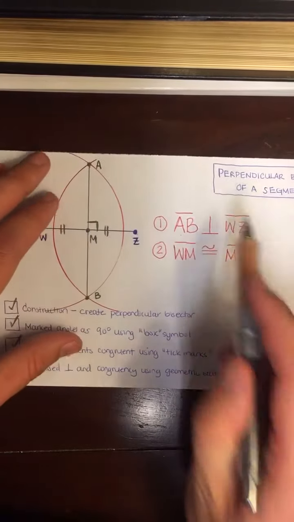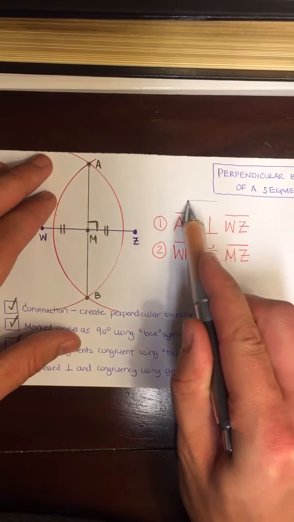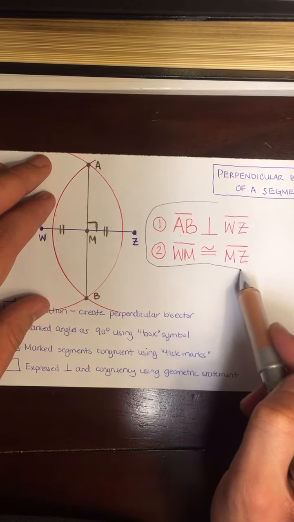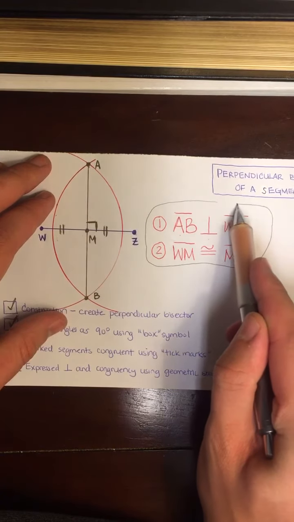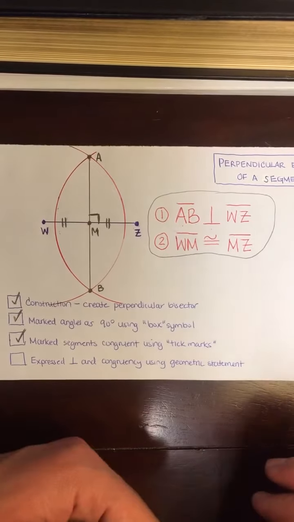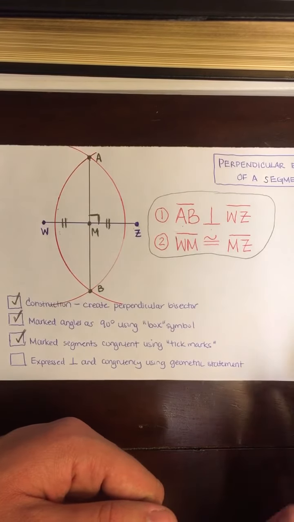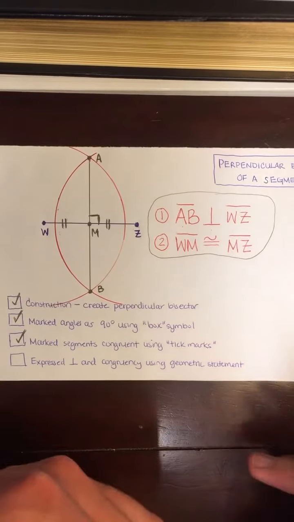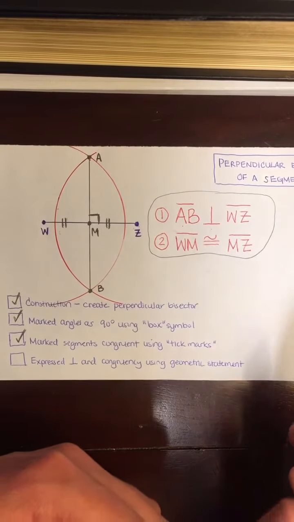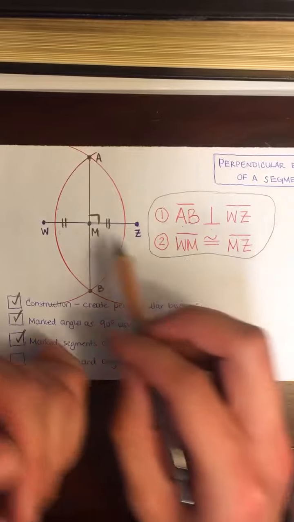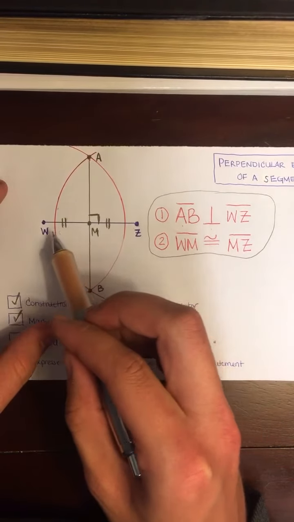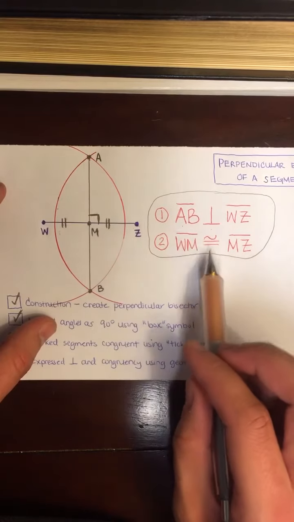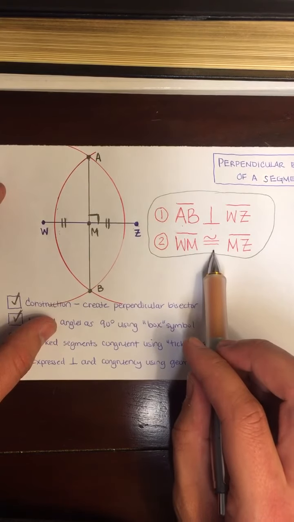And we can see that within this red writing over here. I have indicated 2 geometric statements. The first statement says that line segment AB is perpendicular to line segment WZ. My second statement specifically deals with the bisection part of this construction, and that is that line segment WM here is congruent to line segment MZ, and we can see that congruency symbol notation right here.